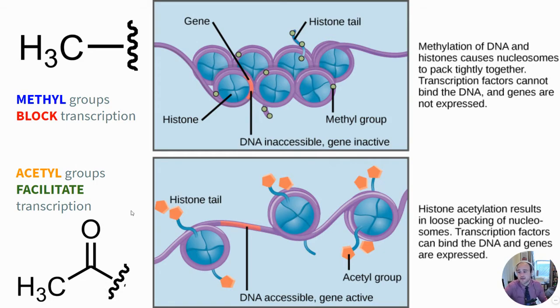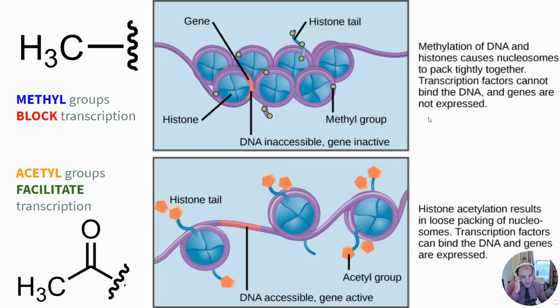Those same genes will be acetylated in the brain so that we can make those neurotransmitters. Conversely, the stomach will have acetylated genes for making stomach acid, whereas in the brain, you don't want acid eating away at your brain cells. And so those will be highly methylated in the brain.